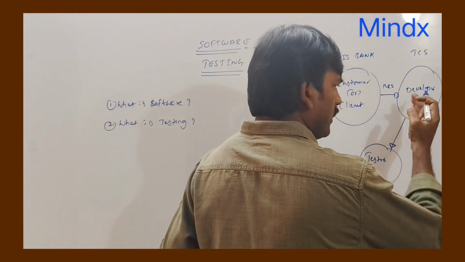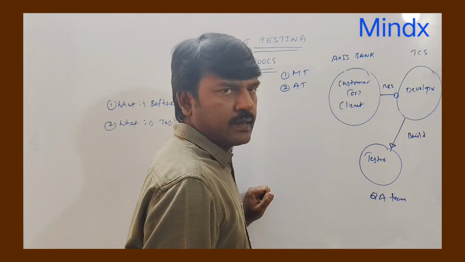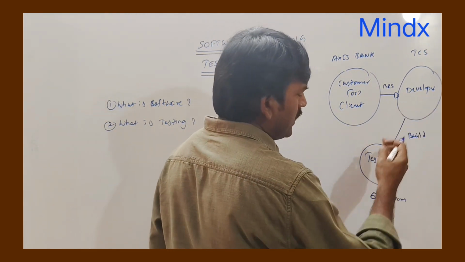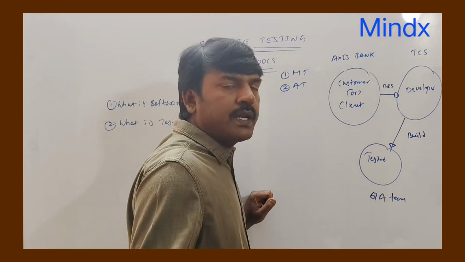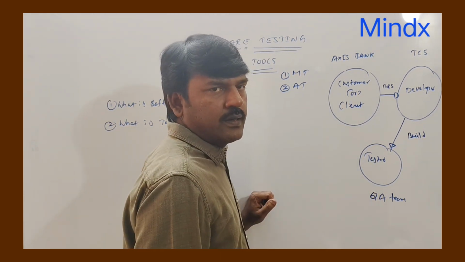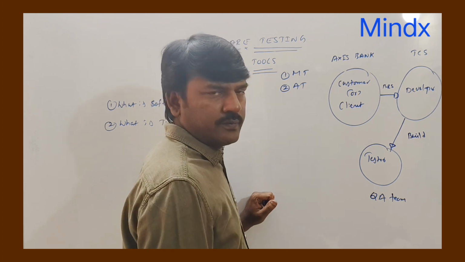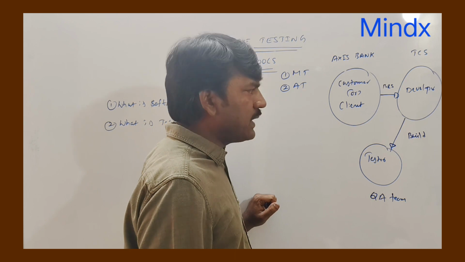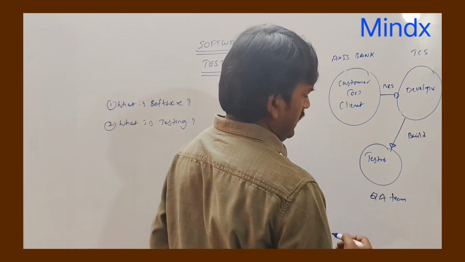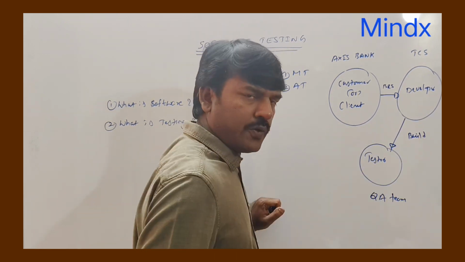Whatever the developer develops, they deliver to the testing team. Why? The client was asking for testing reports. The client doesn't trust it. Is it working or not? How would I know? So the developer will release the product to the testing team, the QA team.